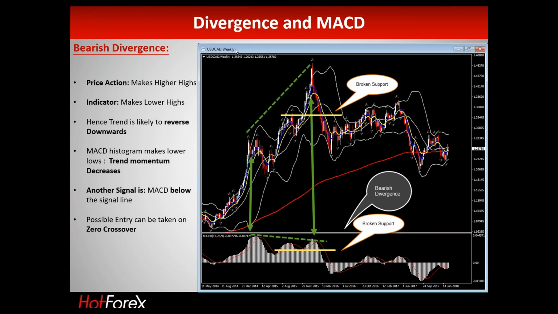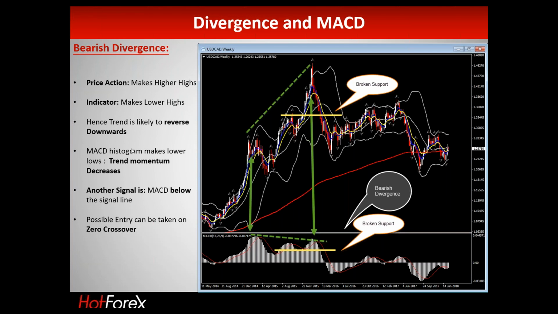You just have to be very careful and notice the signs of divergence. Once you have another bearish confirmation, then you could enter the market.